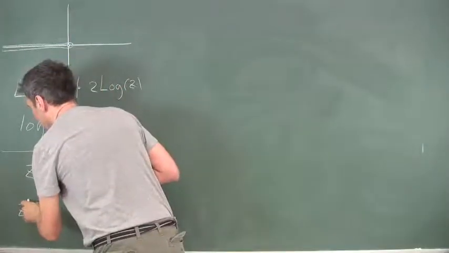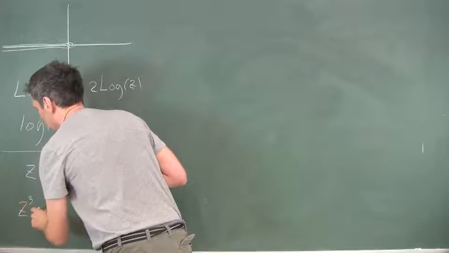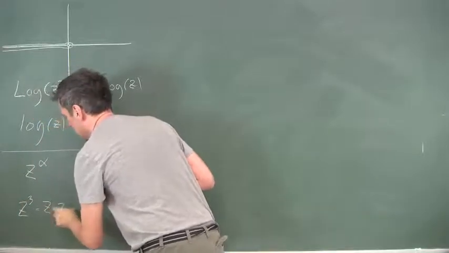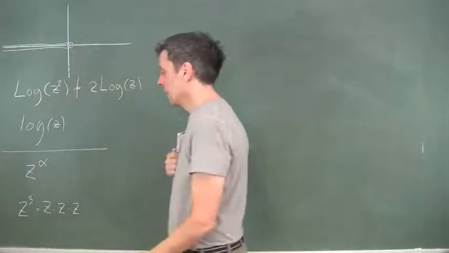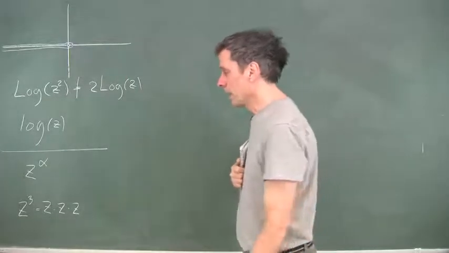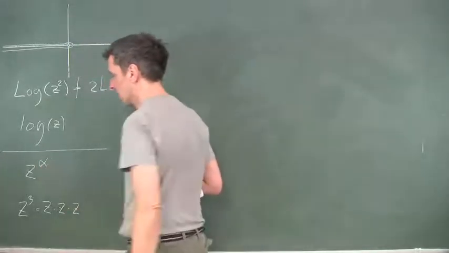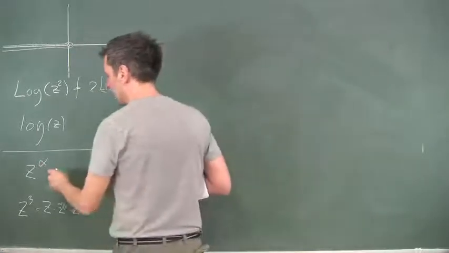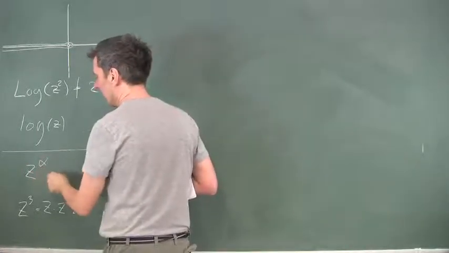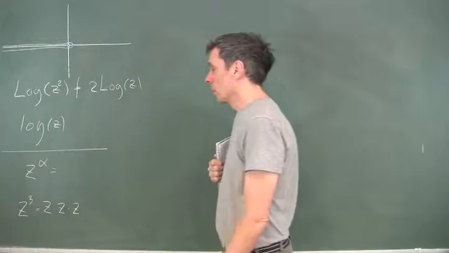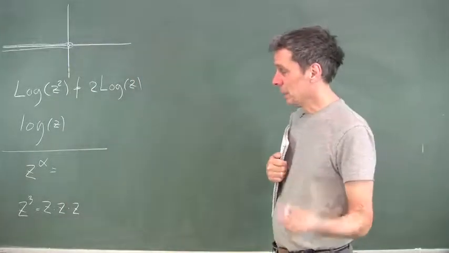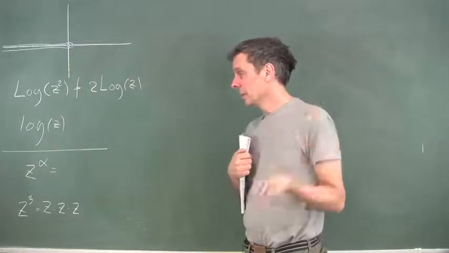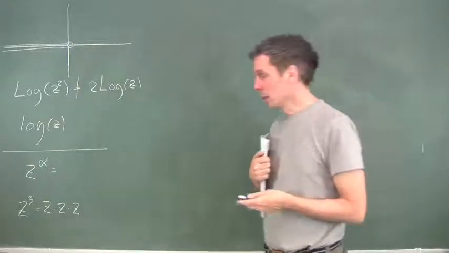If you have z to the power 3, then this is just z times z times z. But the problems will arise when this is not an integer. In this case, the way we can define this complex power is to use the exponential function and the logarithm function.